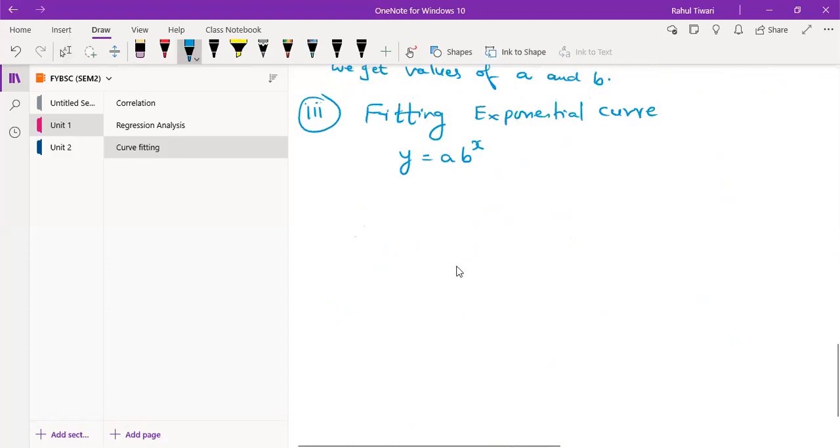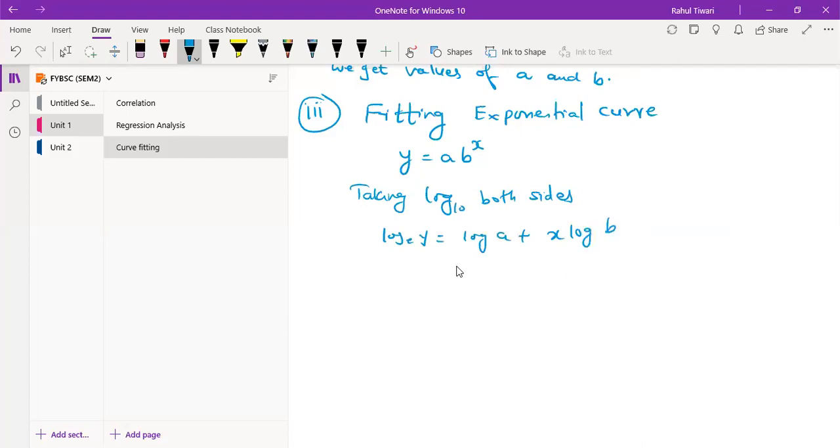So again, I can apply the linear regression model here. Are you getting my point? Everybody has to understand this concept, very, very important. Taking log base 10 on both sides, what will we get? Log of y is equal to log of a plus x times log of b. Again, I will assume this is Y is equal to A plus x times capital B. Can you understand?